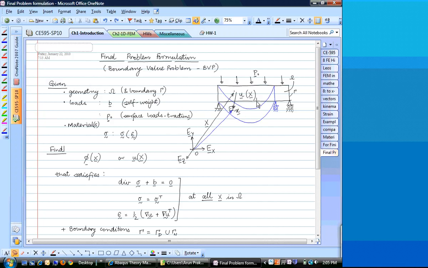This is a field variable that you have to find such that all these equations are satisfied. The first is your equilibrium equation, that the stresses should be symmetric, and epsilon, this is the strain displacement relationship. This has to hold at all x. At each and every point in your domain, it must hold.